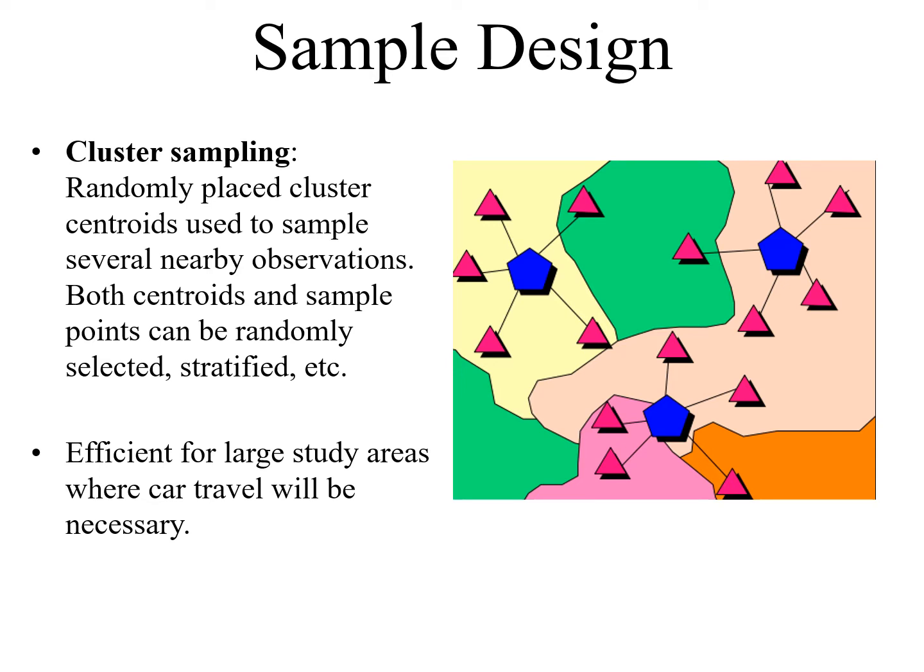And both the centroids and the sample points can be randomly selected, stratified, etc. You can use all the other approaches we've talked about, but we're going to start with randomly placed clustered centroids.